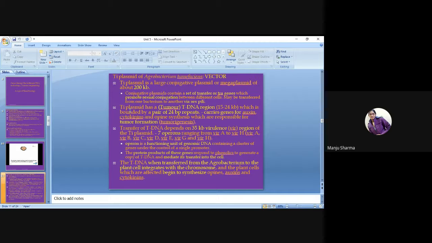The transfer of T-DNA depends on the 35 kb virulence or vir region of the Ti plasmid, with 7 operons ranging from vir A to vir H: vir A, vir B, then vir C, vir D, vir E, vir G, and vir H. An operon is a functioning unit of genomic DNA containing a cluster of genes under the control of a single promoter.